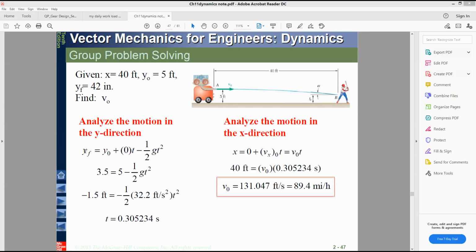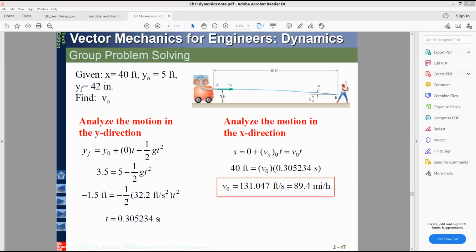The initial velocity is 0, so we put the values and we can simply get the amount of time it will take.